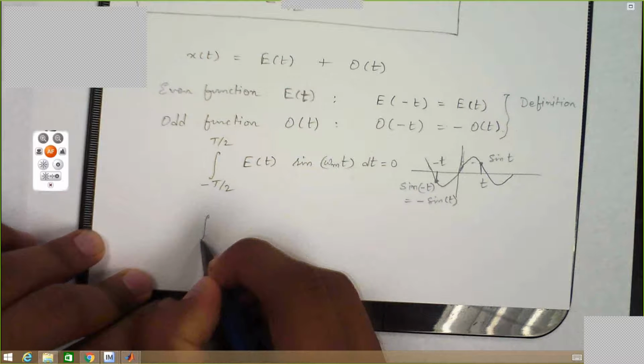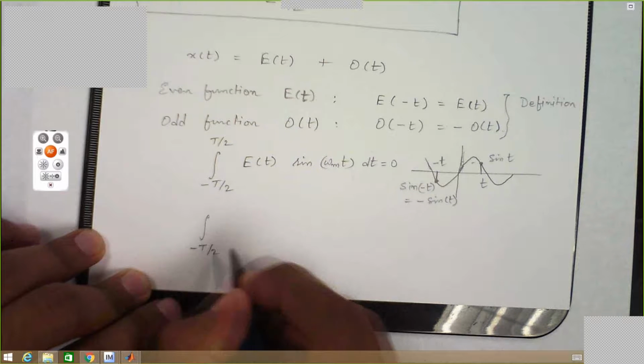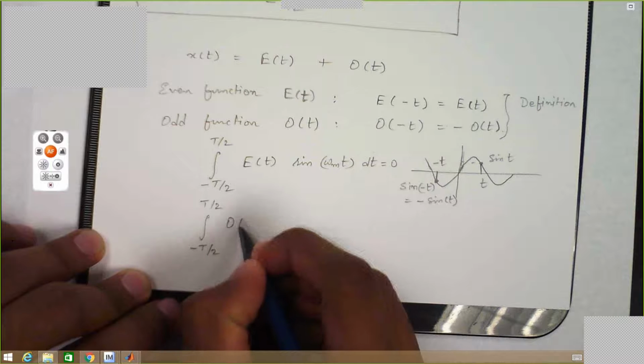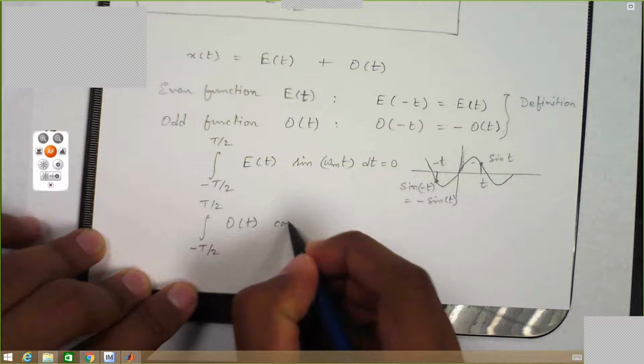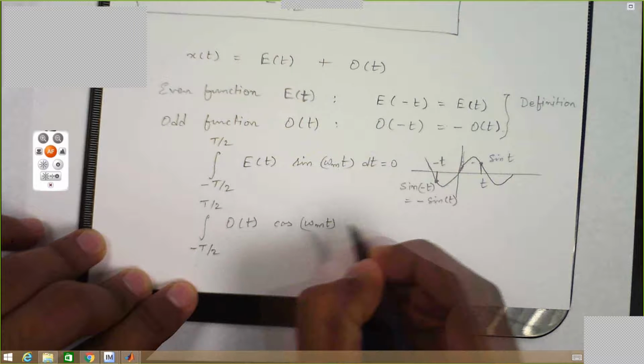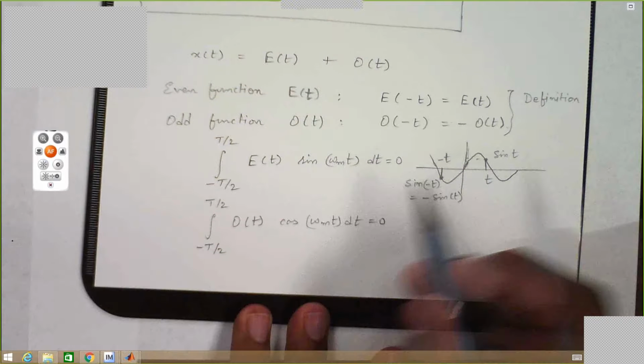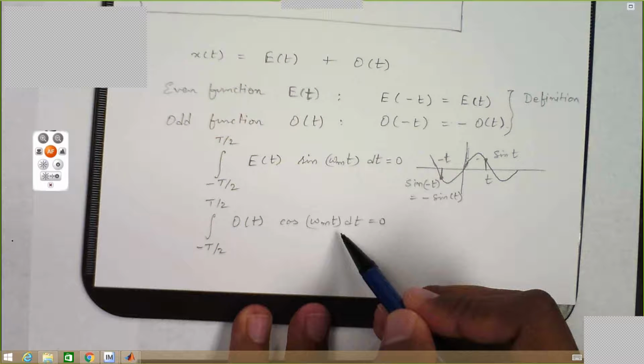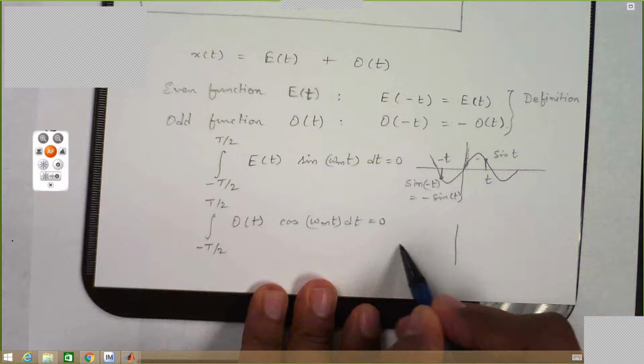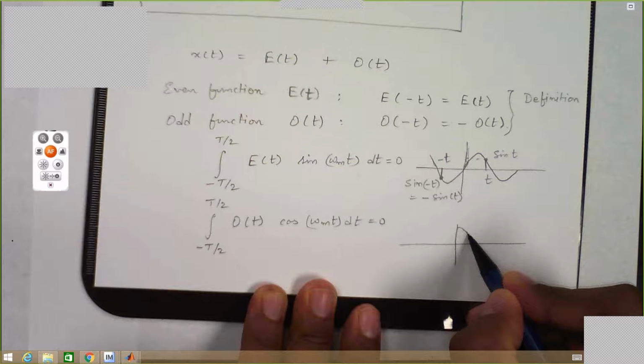Similarly, you can show that the integral from minus T by 2 to T by 2 of an odd function times cosine of omega mt is also 0, because cosine of omega nt is an even function. Cosine of t looks like this.